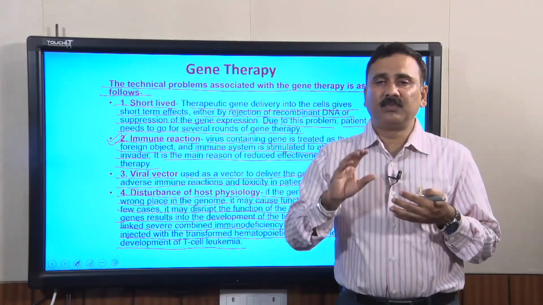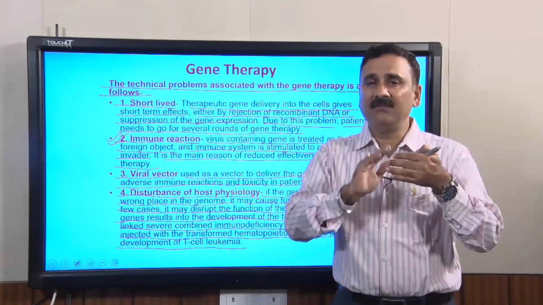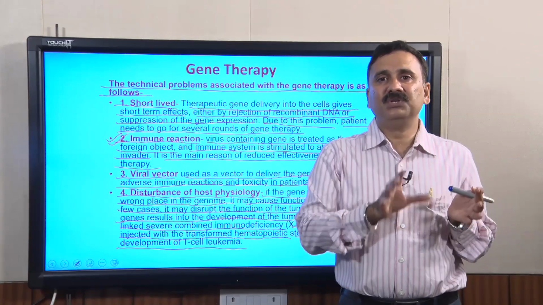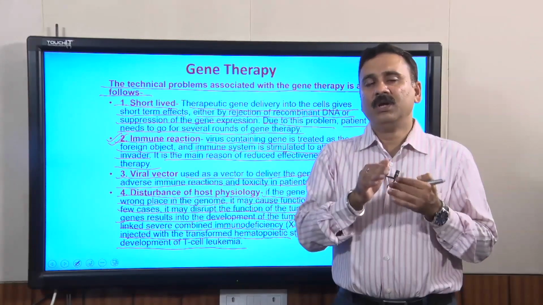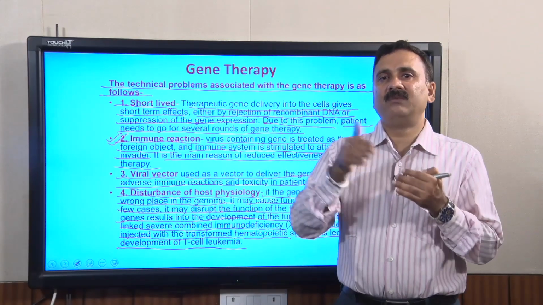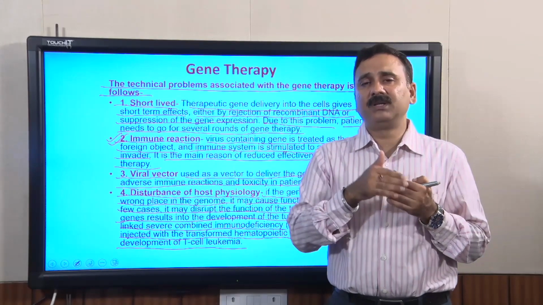And you know that the protein production from your recombinant DNA may not have the same tight control compared to the naturally occurring gene. So, because of that you might be producing a very large quantity of that particular protein, or a very small quantity, or you may not be producing it as per the requirements.